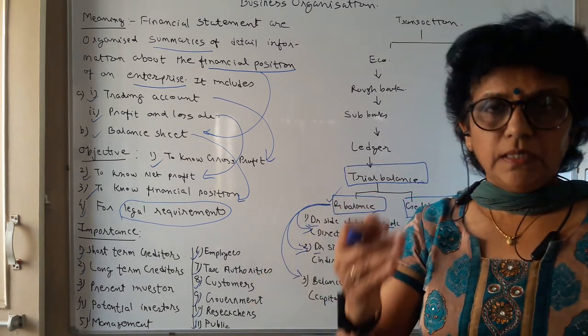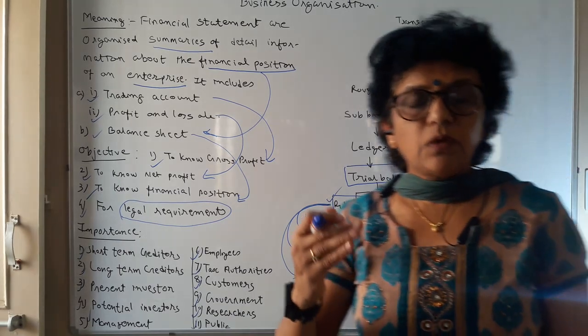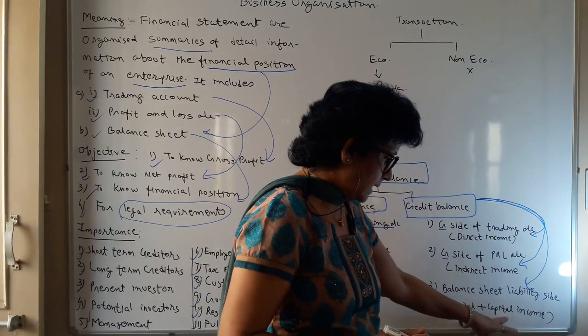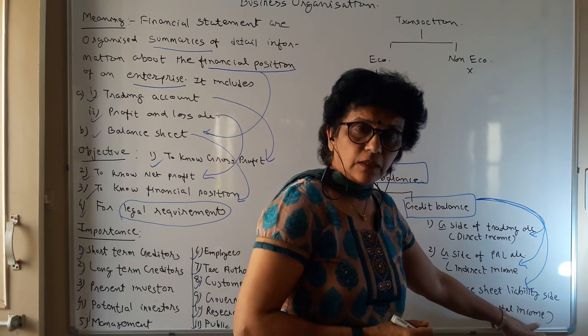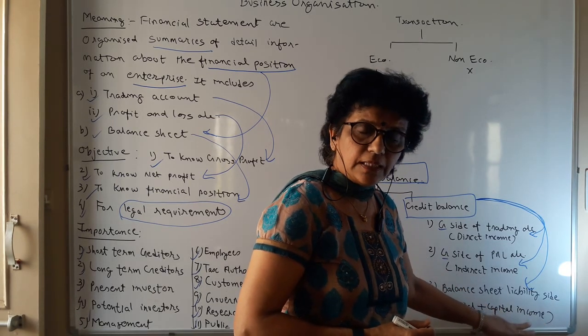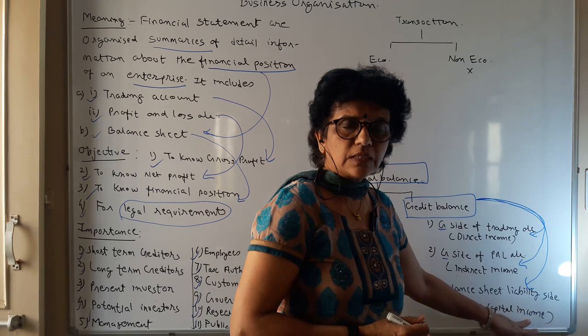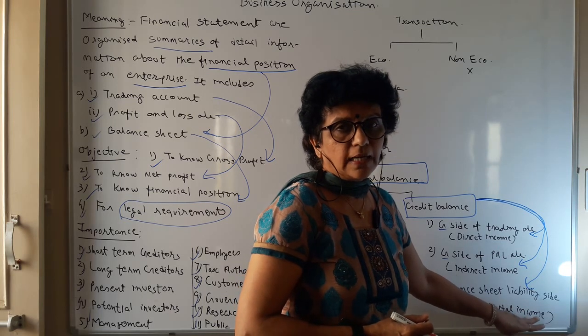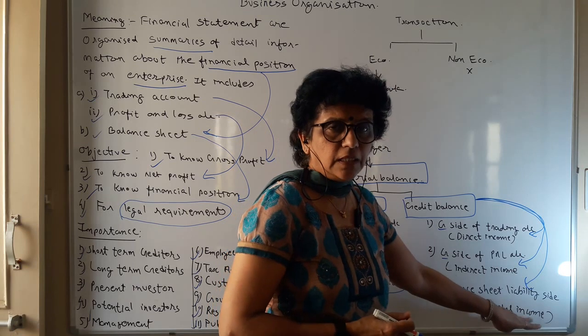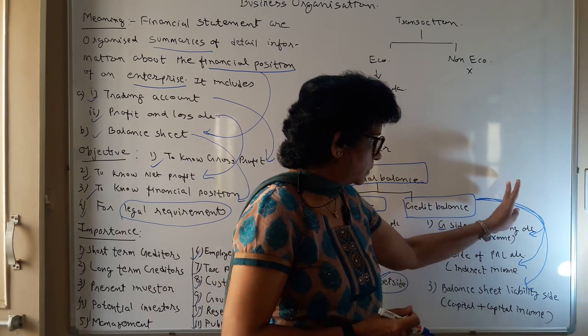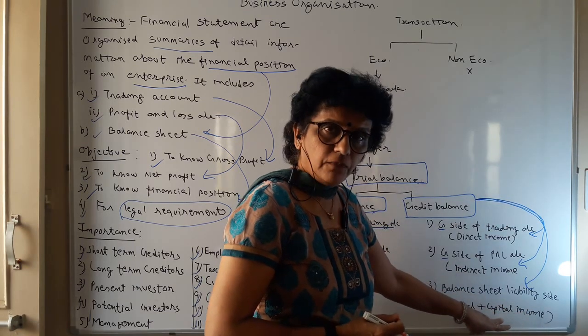So all the funds and all the reserves will go to the liability side. All the capital income which you have earned, you are transferring to the capital reserve, and reserves, provisions and funds will be one kind of liability. So capital plus other liabilities, all credits will come to the liability side of the balance sheet.